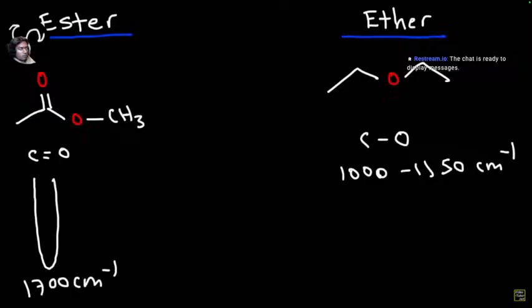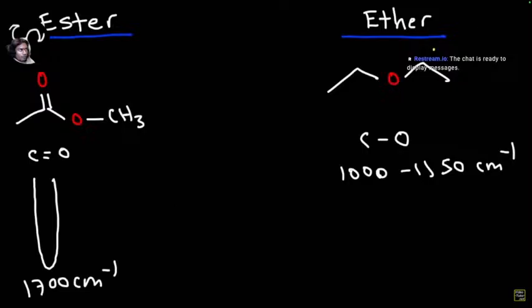Something to keep in mind is that double bonds have higher wave numbers than single bonds. The C double bond O stretch absorbs at a higher energy than the CO stretch of an ether. And triple bonds have even higher wave numbers than double bonds. We'll talk more about that later in this video.